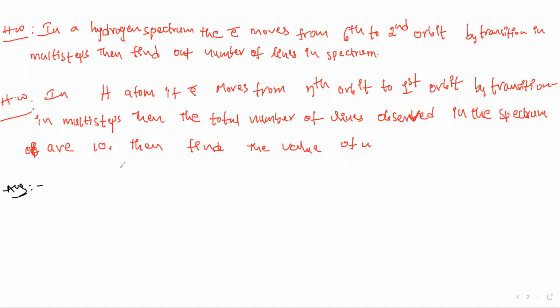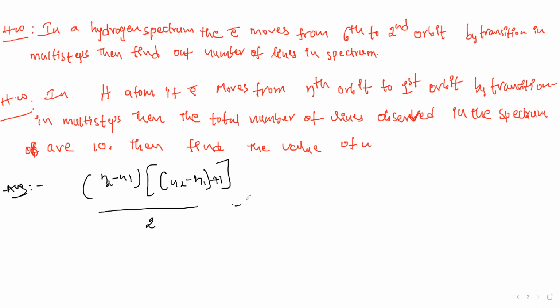The formula: n2 minus n1 into n2 minus n1 plus 1, by 2.